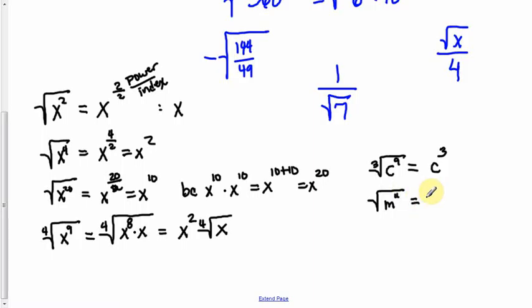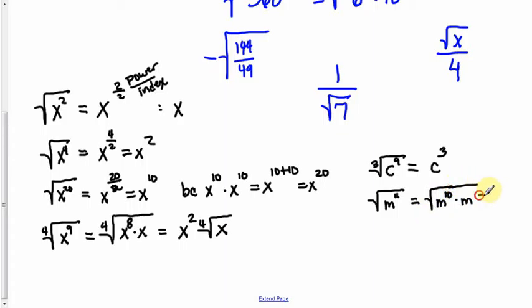11 is not divisible by 2 without remainder. So I need to break 11 down, or I need to go to the smallest number below 11 that is divisible by 2. The largest number below 11 that is divisible by 2. Which one is it? 10. So you're going to break it down into the square root of m to the 10th times m.